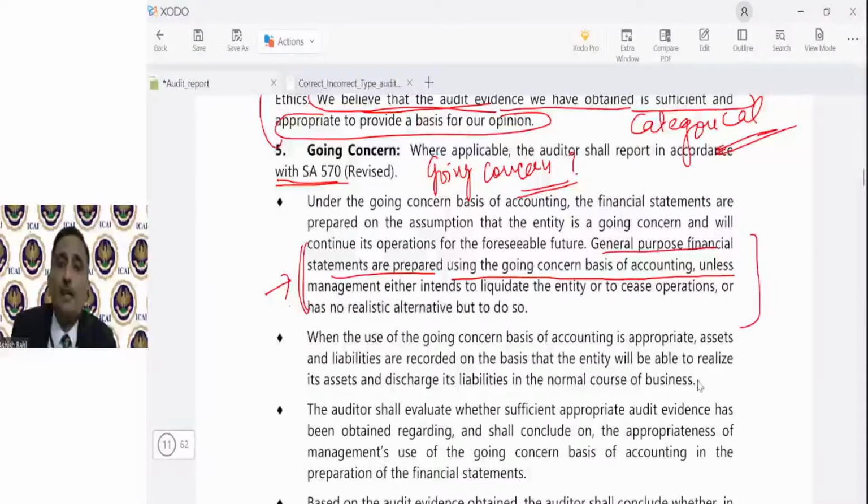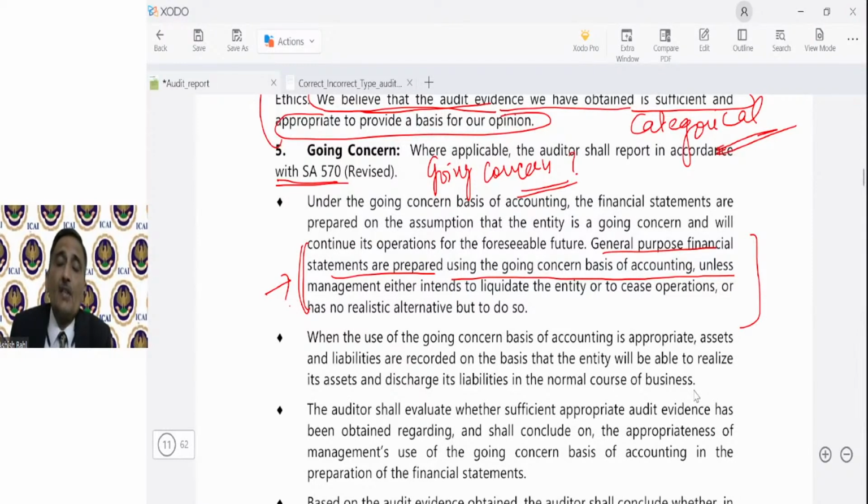You have to understand that this going concern assumption is very fundamental. When we state debtors in the financial statements, when we show trade receivables, it is implied that these are going to be realized. When we state trade payables, it means that these are going to be paid. And when inventories are stated, it means that these are going to be further converted as part of the business cycles.